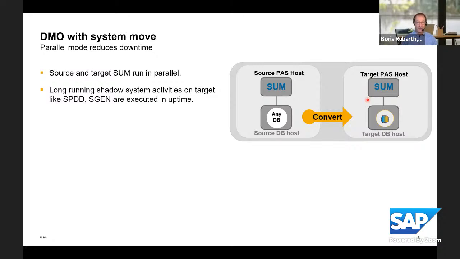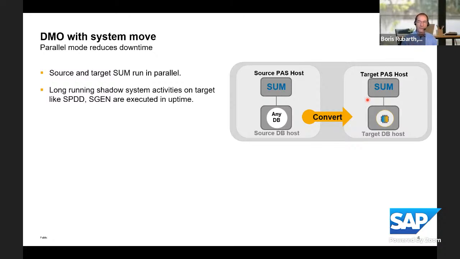Those activities concern what we call the shadow system and other activities like ABAP load generation. They take quite long, and only with the parallel mode, this is uptime from the perspective of the source system. So during those phases, the end users can continue to work on the source system while the software update manager on the target is already preparing the target system and especially the shadow system.